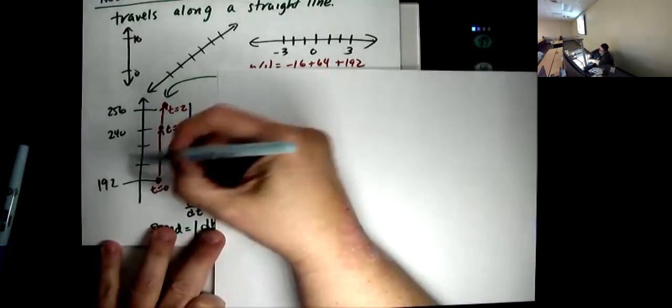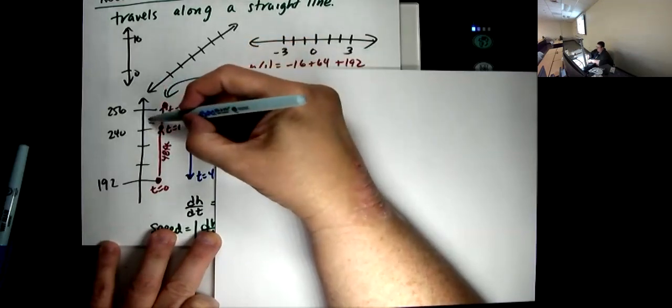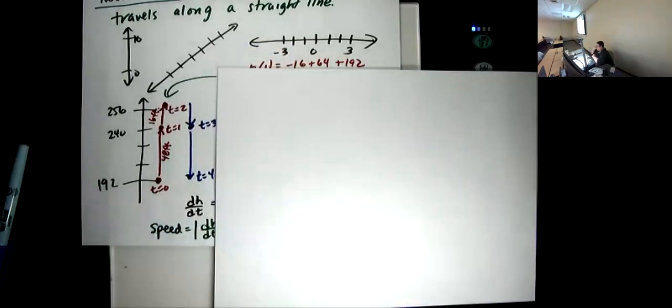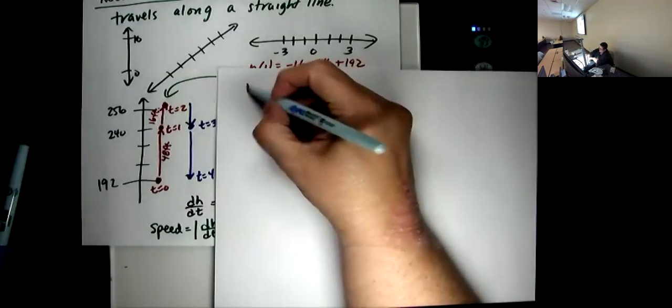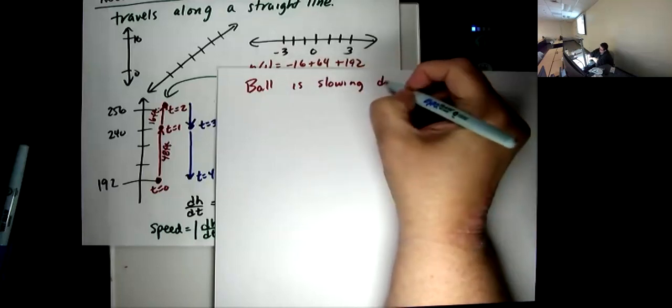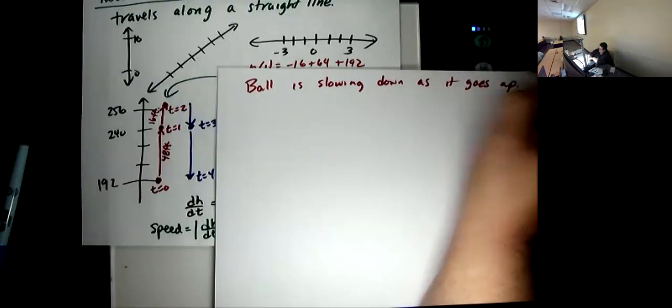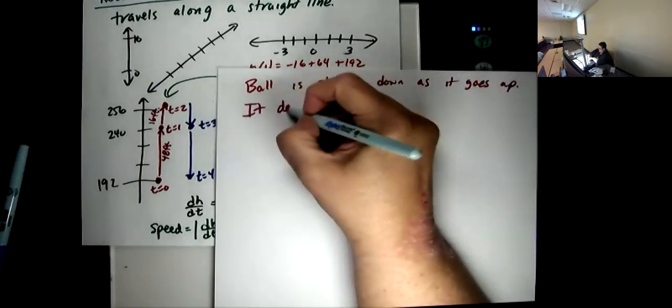Looks like it went 48 feet. How far did it go in the second second? 16. What's happening to the ball? It's decelerating, or slowing down, is what us humans like to call it. The ball's slowing down as it goes up.